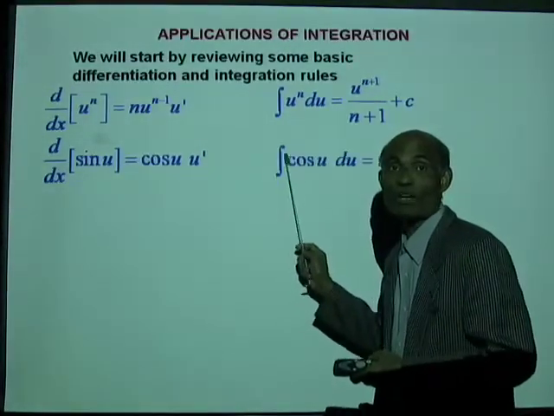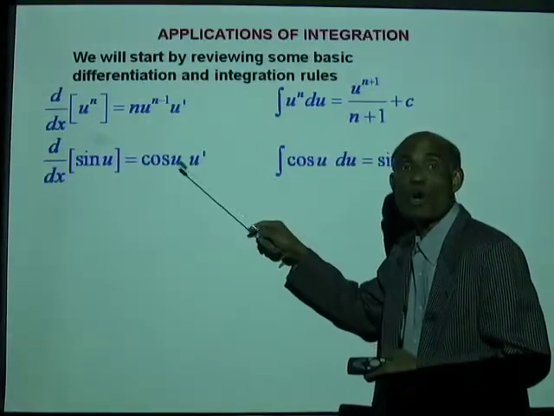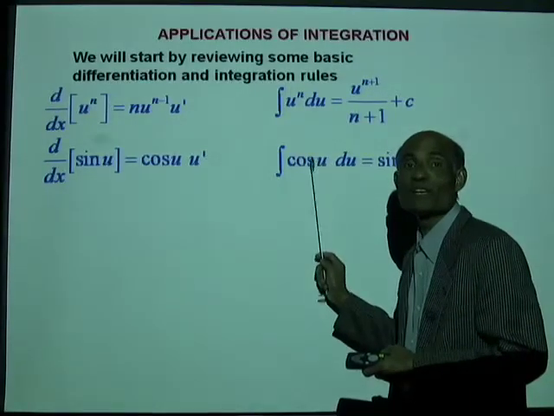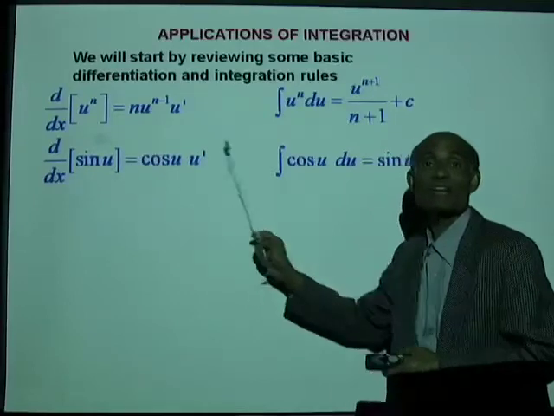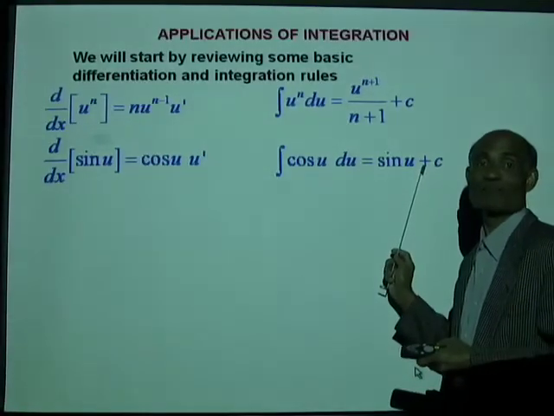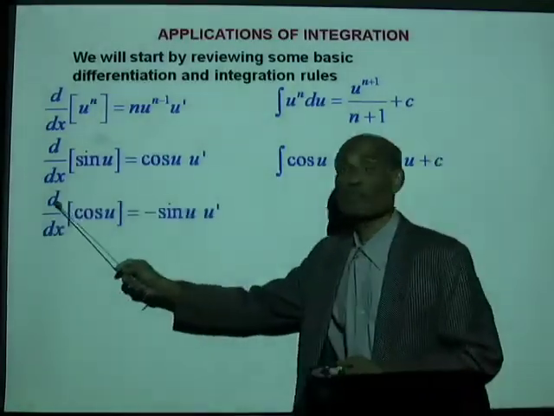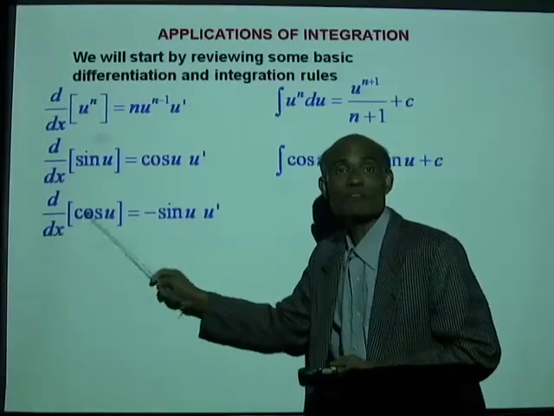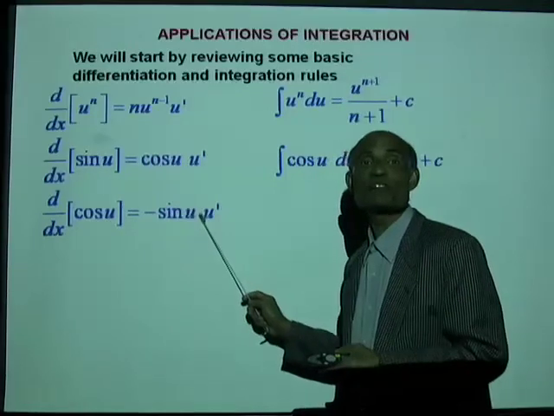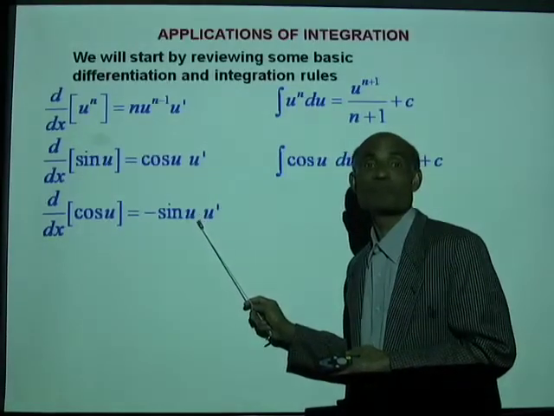And therefore, what is the integral of cos u du? The integral of cos u du will be sine u plus c. Alright? The derivative of cos u with respect to x is negative sine u times u prime.